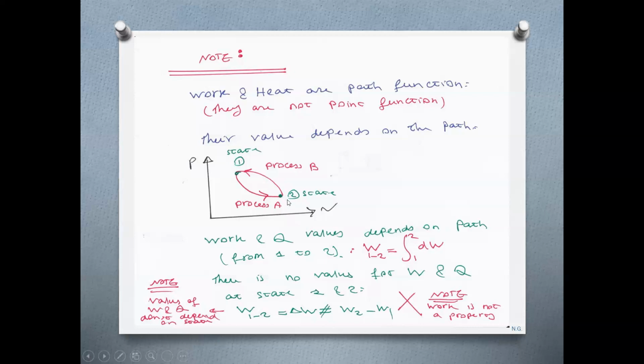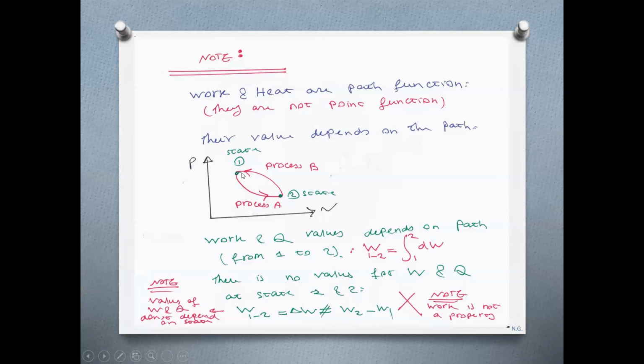Process B goes from state 2 to state 1, and it is a cycle in this case, but I just wanted to mention that you cannot assign work and heat to a state.